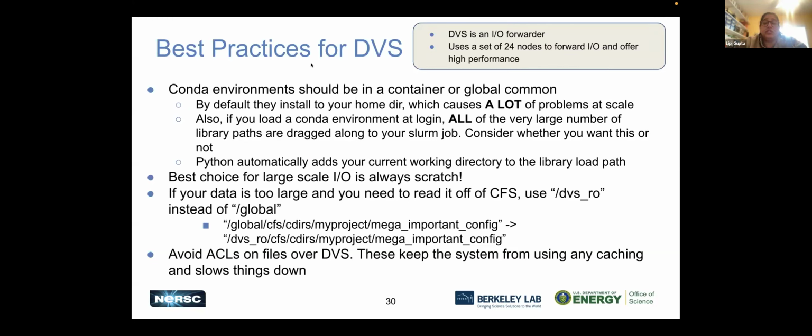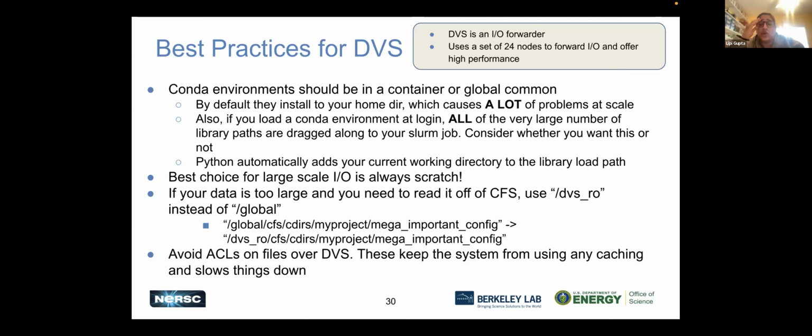We use something called DVS on our system for I/O. It's basically meant to be a way of handling I/O on our system. This is something that Cray uses. Cray is the vendor who made our system.